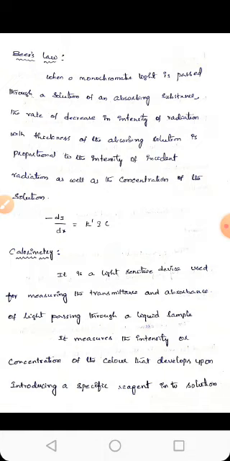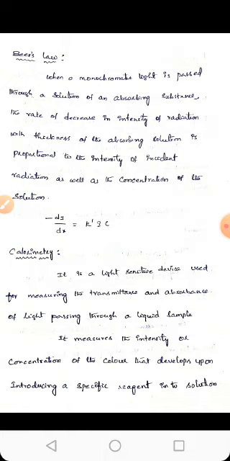That means the decrease of intensity of radiation with thickness is directly proportional to the intensity of incident radiation as well as the concentration. That is also given by the mathematical equation minus dI by dx equals k' into IC, where I is the intensity of incident radiation and C is the concentration.